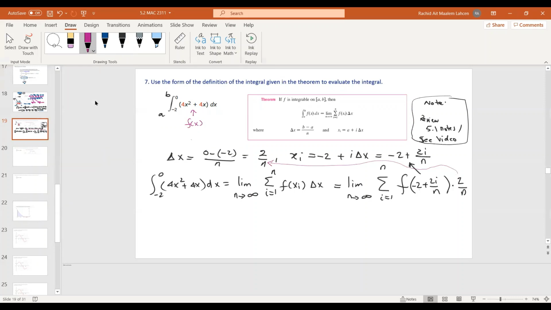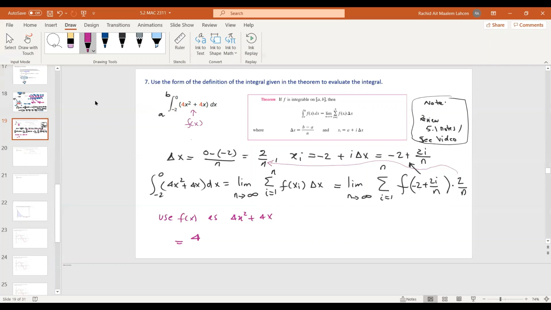So we can go ahead and substitute. We use f of x as 4x squared plus 4x, and that gives us the 4 and x squared.